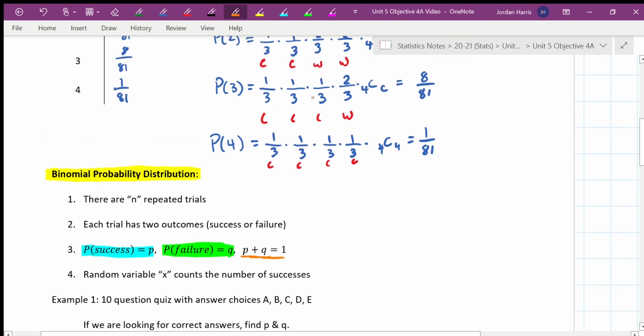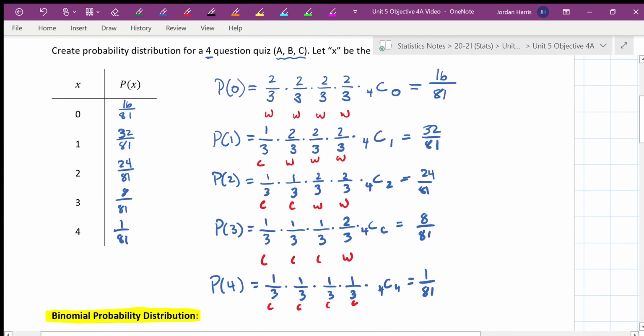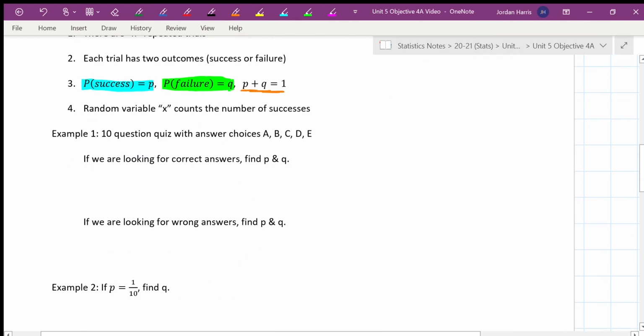And you can see that on this question. 1/3 for correct, 2/3 are wrong. Add them up, you get 1. Okay? And then the last thing is a random variable x. So your outcomes count the number of successes. So in our table, we had 0 successes, 1 success, 2 successes, 3 successes, and all 4 successes. Okay, so we can see we already understand this. So, example 1.